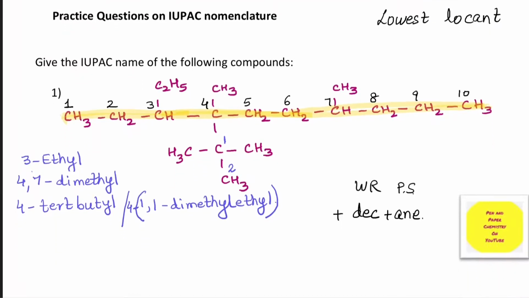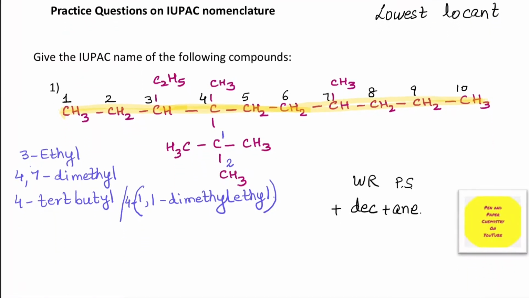Now comes the next challenge. How am I going to put them together? All of these are my prefixes. How do I arrange the prefixes? We arrange them in alphabetical order. For that alphabetical order, if you are writing it as tertiary butyl, you will take B as the first alphabet and not T, right? Except if it was iso, then we would consider it in alphabetical order.